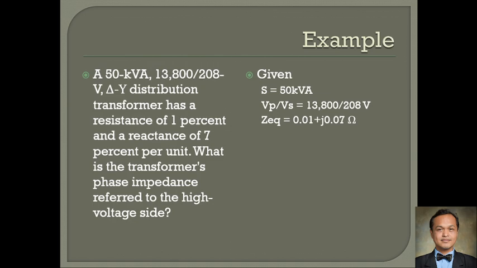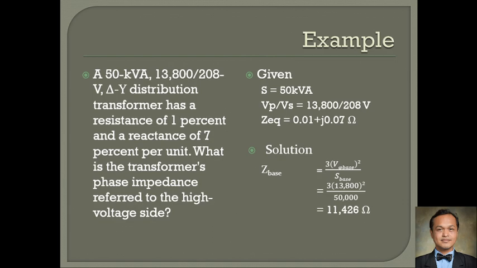It has no ohms because it is a per unit value. So for the solution, we're going to look for the Z base, wherein the Z base is equal to 3 times the V base squared over the S base. So 3 times 13.8 kV squared divided by 50 kVA is equal to 11,426 ohms. That is the Z base.